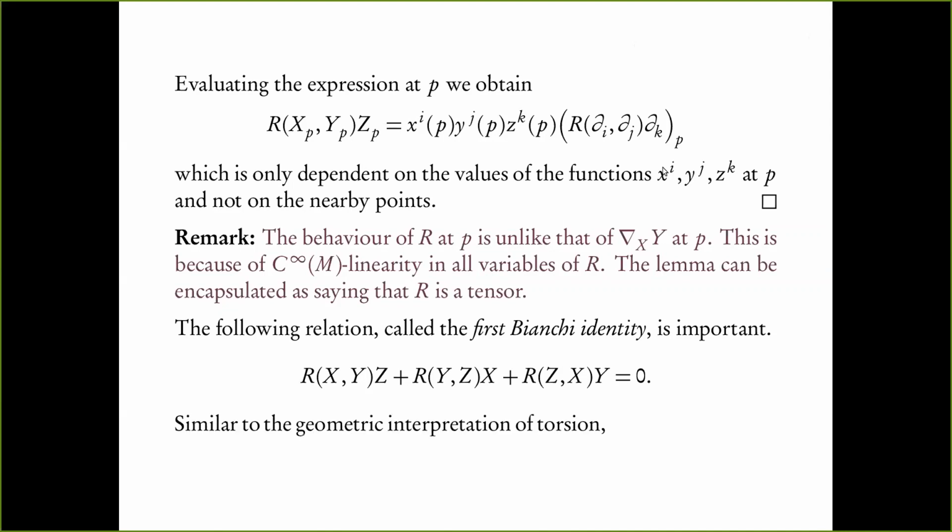So remember, I want to emphasize these geometric interpretations, and I personally like them, and I would like to understand them even better, because these geometric interpretations are usually missing in most textbooks. Like in the case of torsion, we spent quite a bit of time talking about how the torsion appears.